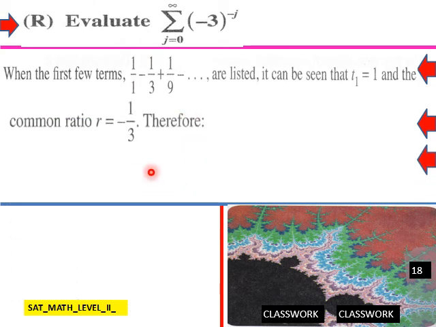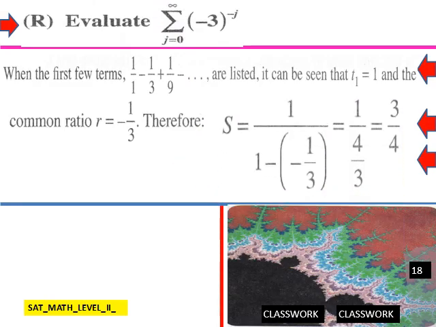Therefore, our summation is 1 over 1 minus negative 1 over 3, which yields 1 over 4 over 3, which is 3 over 4 as it goes to infinity. You can put that in your calculator to check it.